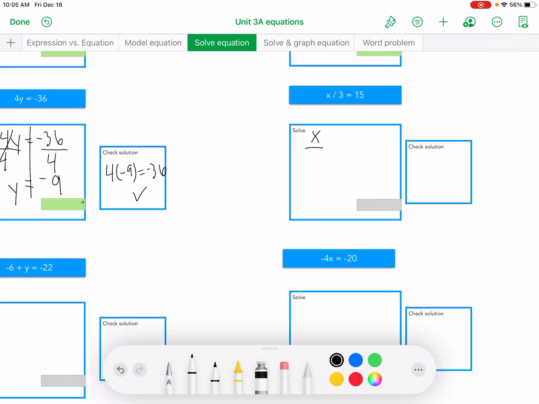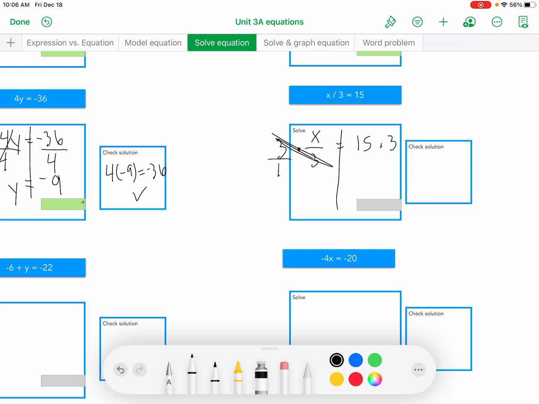x divided by 3 is equal to 15. The inverse of dividing is multiplying, so you're going to multiply both sides of your equation by 3. Now I'm going to put 3 over 1, because when you're multiplying, you do not multiply by a whole number.